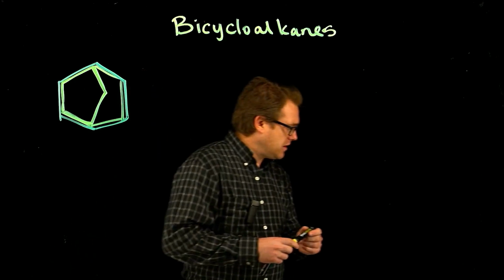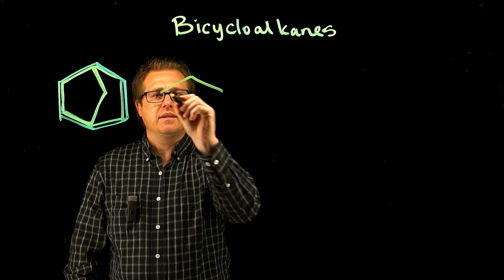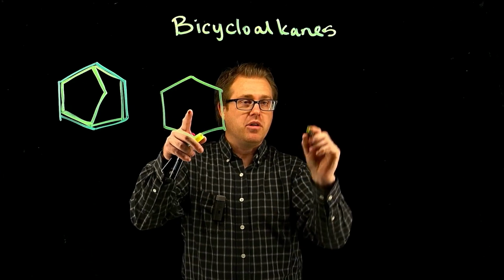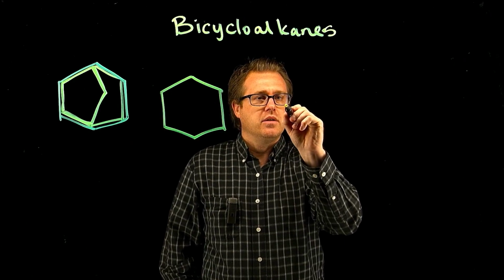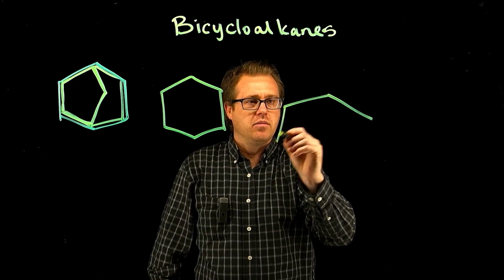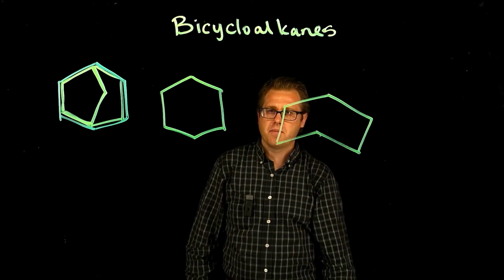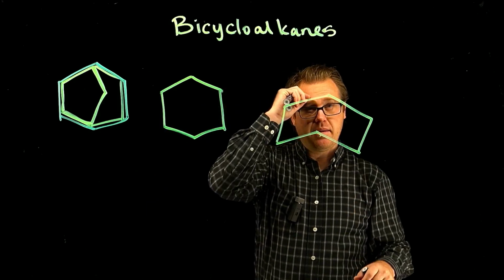Let's just look at cyclohexane. We could take that molecule and draw it like this, just a little bit broader. Boom, boom, and then in like that. So that and that represent the same thing.